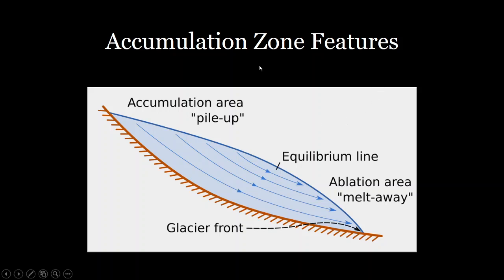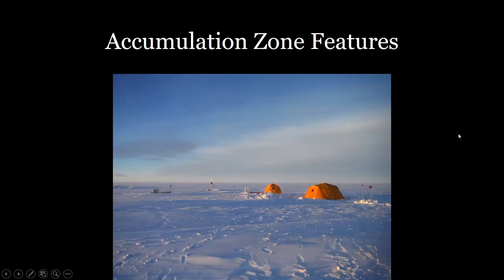The accumulation zone, remember, is the zone of a glacier where you have net accumulation, where the amount coming in is greater than the amount of ice leaving, the area above the equilibrium line, the ELA.